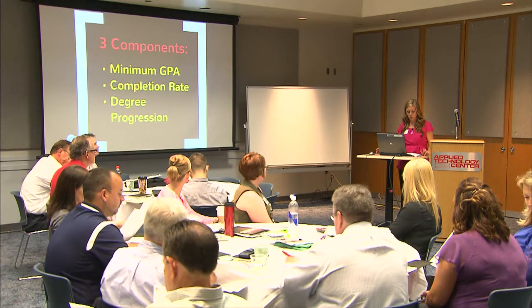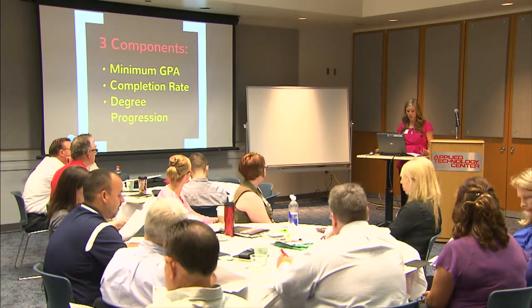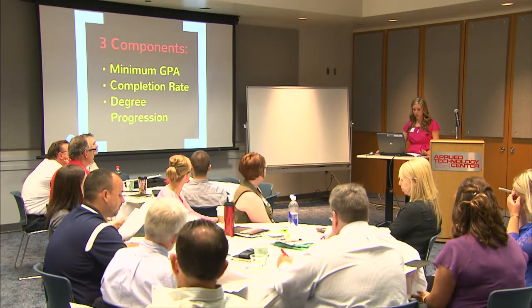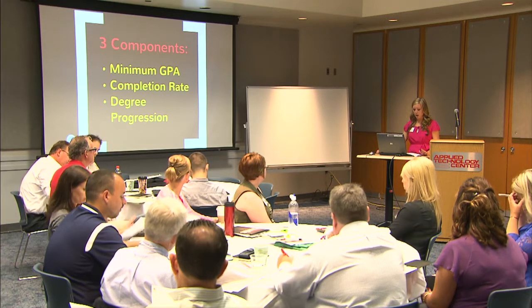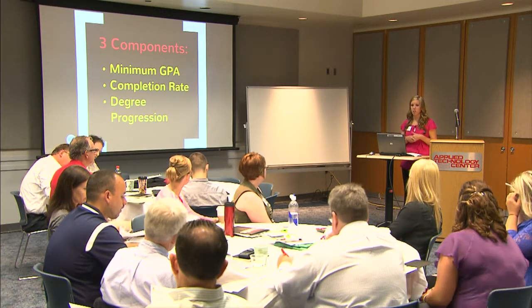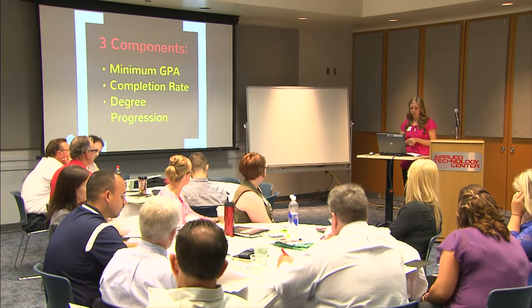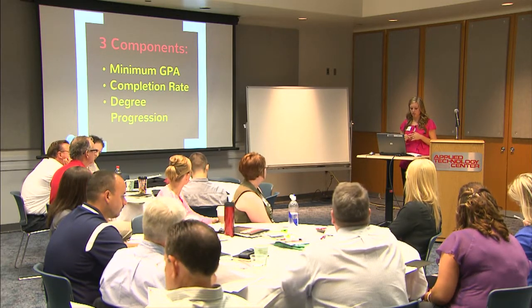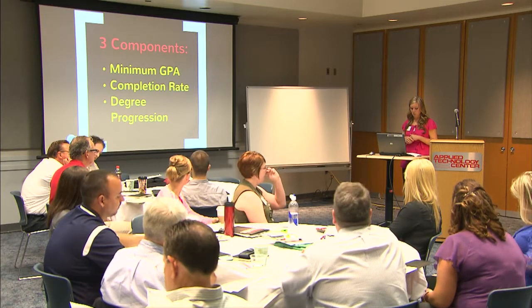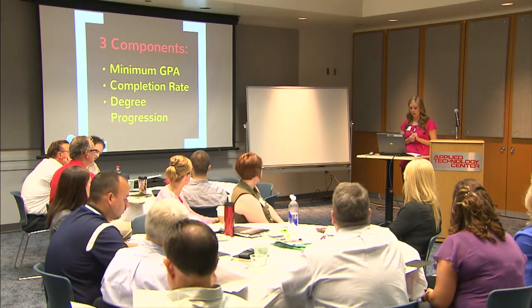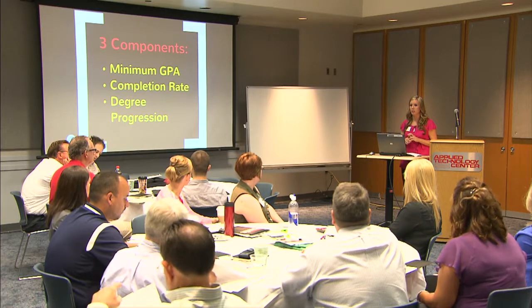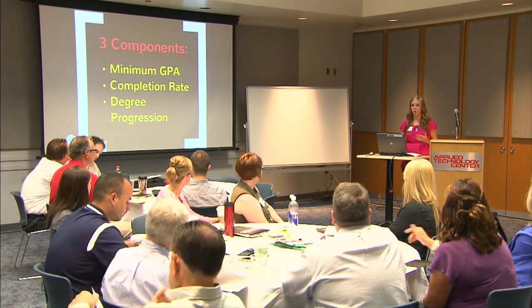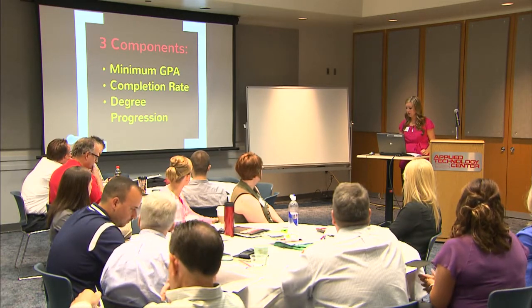With consortium students, credits taken at the community college will be included in the total amount of credit hours and will be used to determine degree progression. Failing grades as well as incomplete grades, withdrawals, and repeated courses will be included in determining the maximum number of credit hours attempted. So those are the three components of satisfactory academic progress.